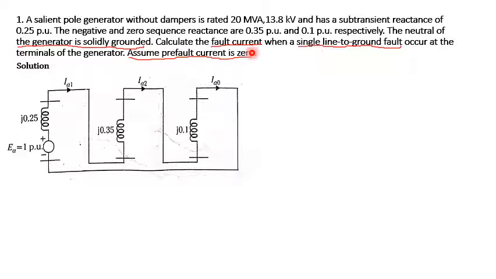For the single line to ground fault, the interconnected sequence diagram consists of three components, the zero, positive and negative sequence networks, connected in series.